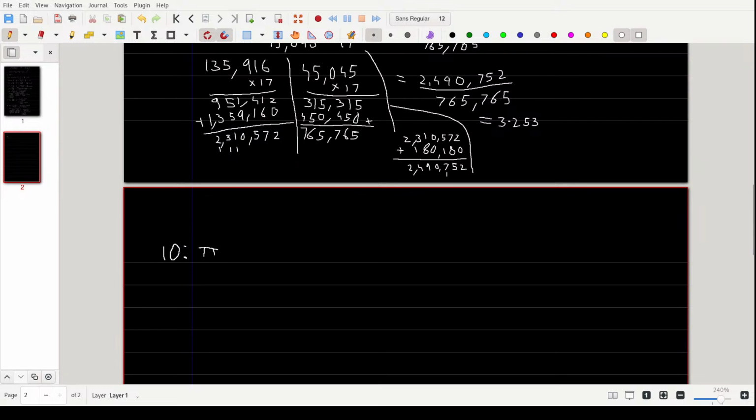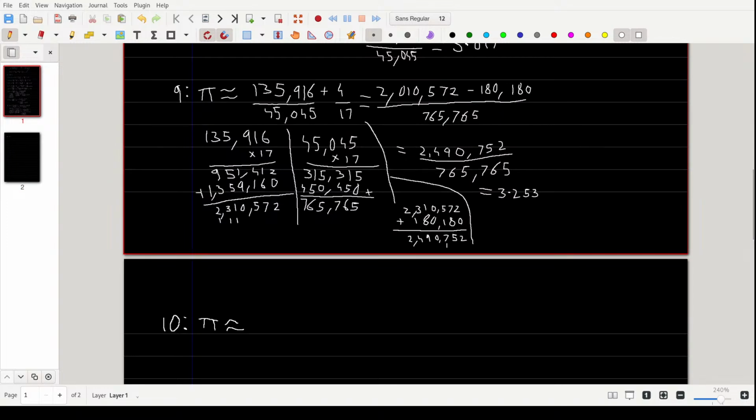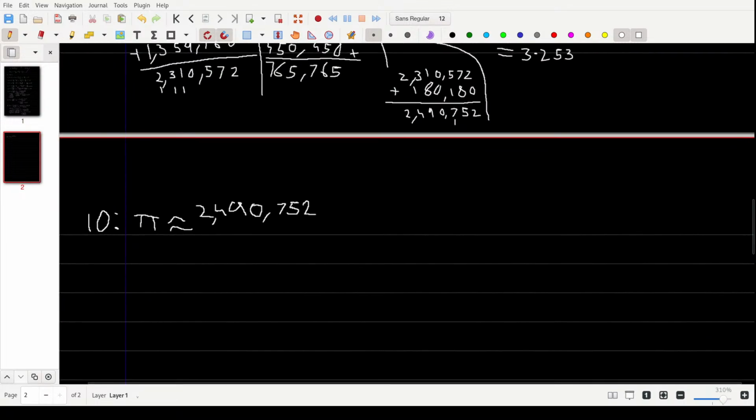Pi approximately equal to 490... Bro, this is some wank. I should zoom in a bit.